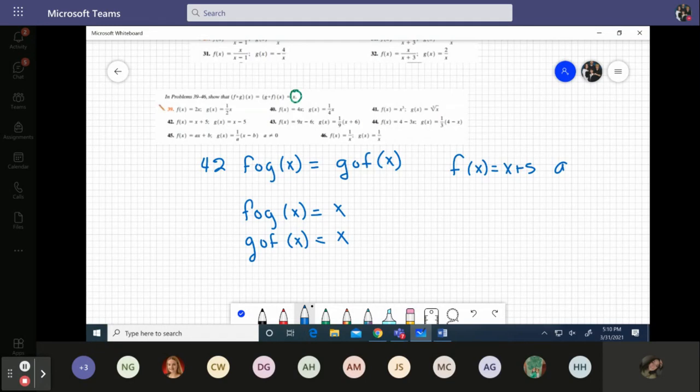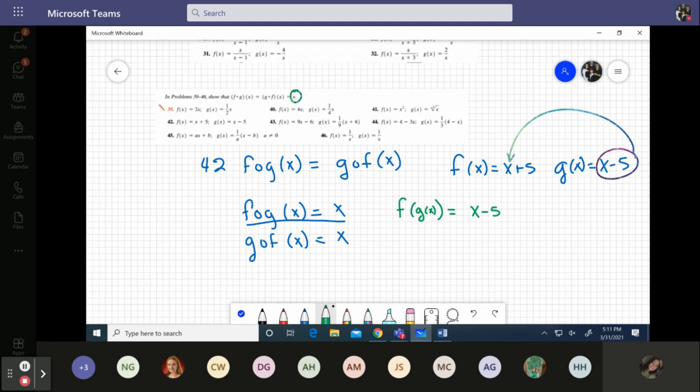So for f of g, I have to take g and insert it into f. So f of g is equal to x minus 5 plus 5. Yep, that equals x.